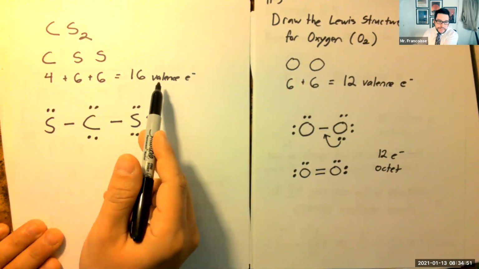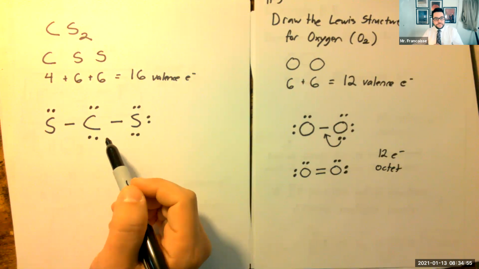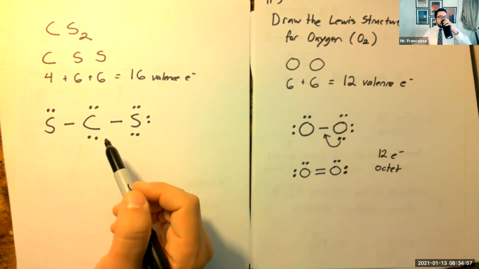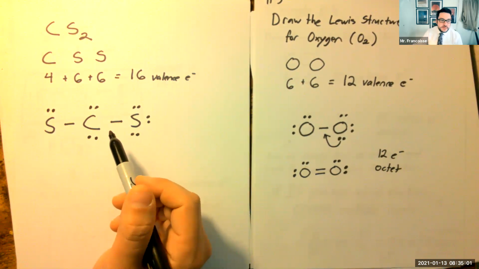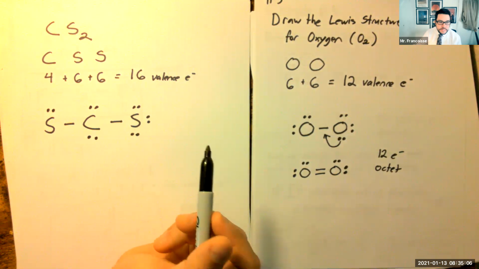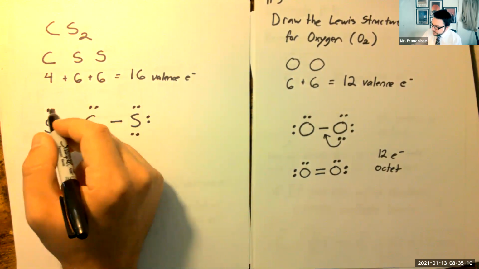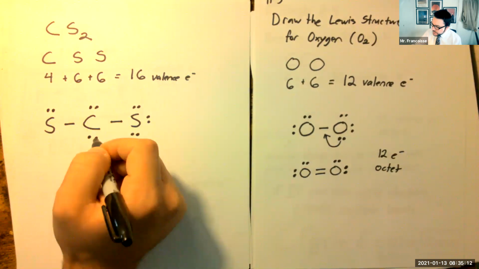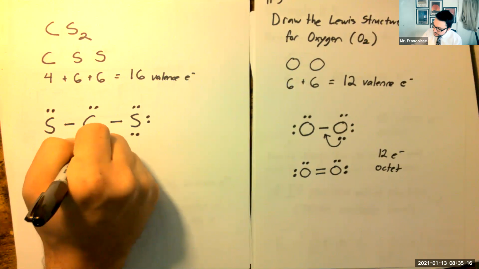So we ran out of electrons. So what we need to do for this is we need to create more than one bond for this. So we have 2, 4, 6, 8, 10, 12, 14, 16. So we're going to have to move 2 electrons here.